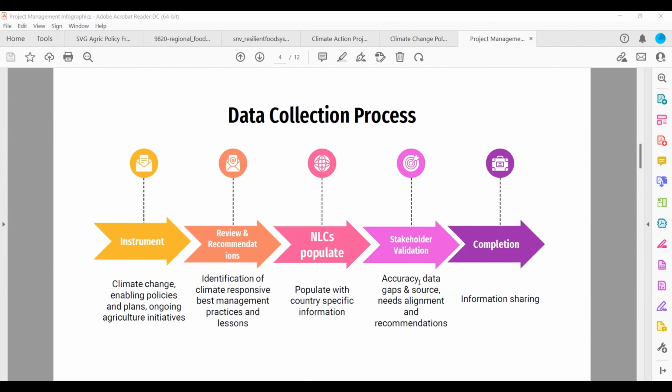It doesn't have to be donor funding or anything like that. It just needs to be something that you have implemented that has the potential for future use. The NLCs would have populated with country-specific information. And today, the validation is about accuracy, gaps, and sources, needs alignment, and recommendations going forward. And the end game is to share, of course.